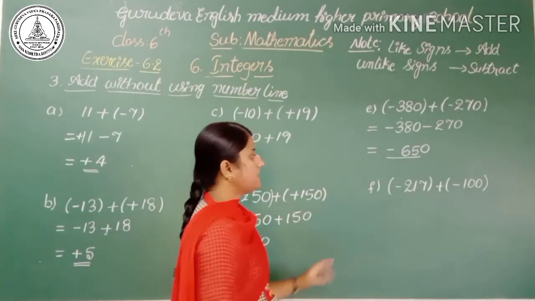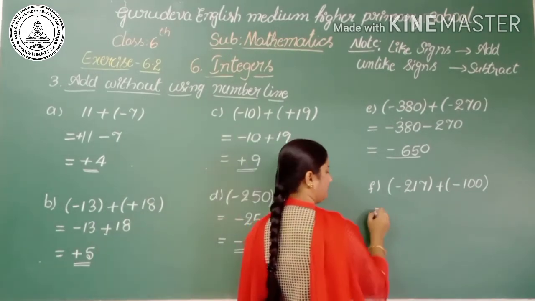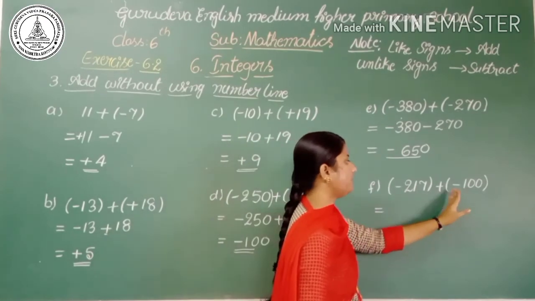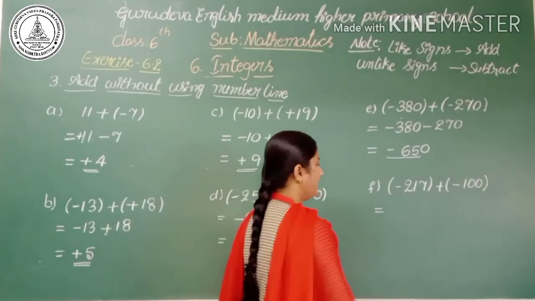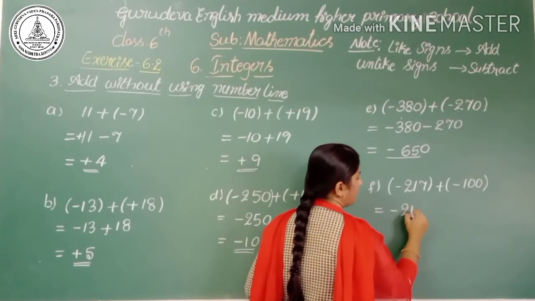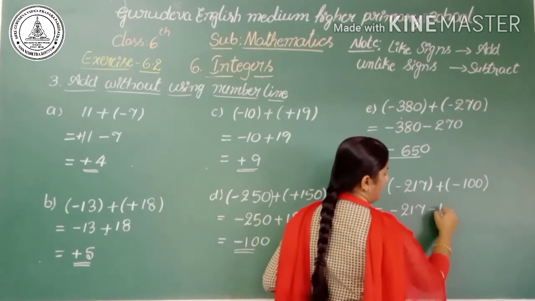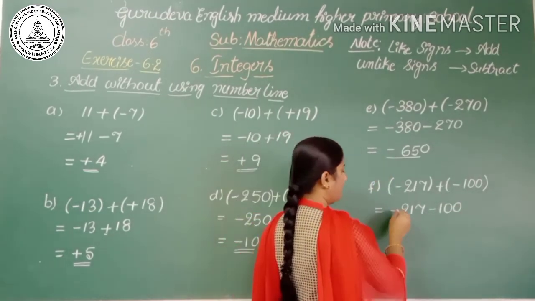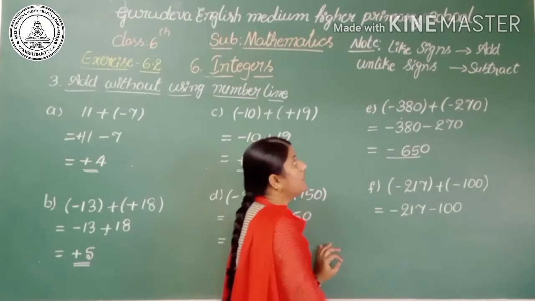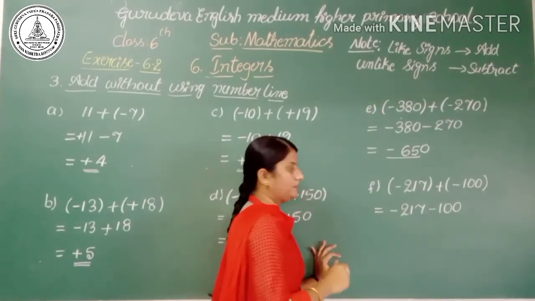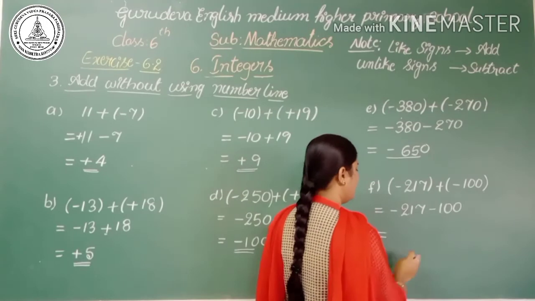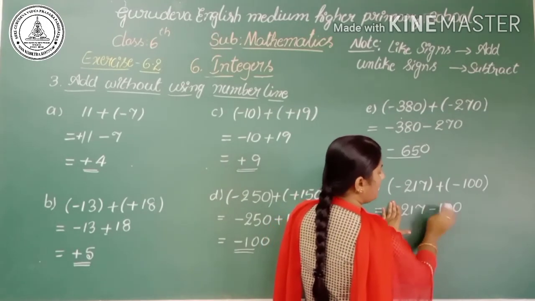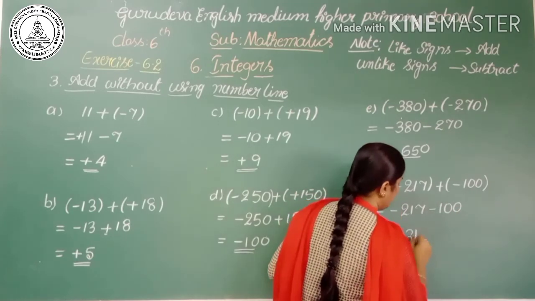Okay. Then similarly the F question. Remove the bracket and write the numbers: minus 217 plus of minus 100. First write the integers: minus 217 minus 100. Then next see here, minus and minus are like signs. So like signs means we have to add the numbers. Just neglect the signs and add here. 217 plus 100 is 317.